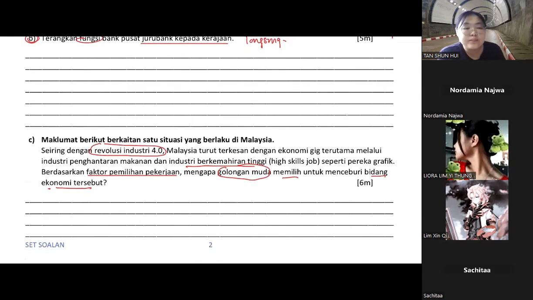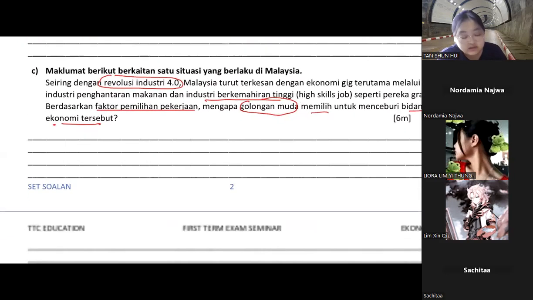Faktor pemilihan pekerjaan means what is the factor that they will consider when choosing their jobs. Like what are the things or facts that they care about. Now, think of it. Why do youngsters want to choose high skill job? Yes, because of money.